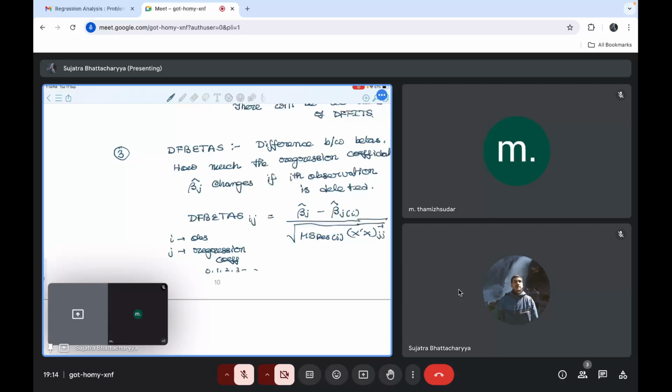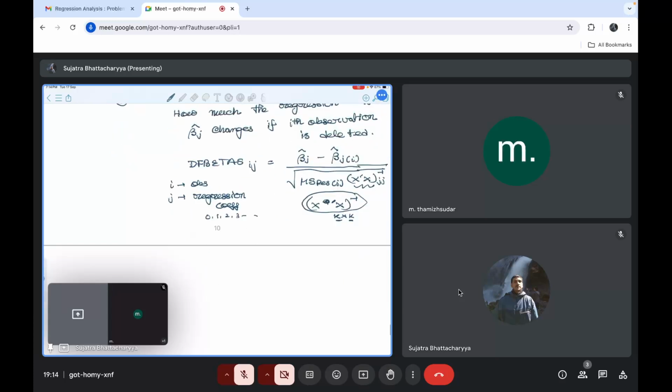Because this X prime X inverse, if you remember, I have already told you, is a k by k matrix. It depends on the regression coefficients. So the jj diagonal elements of that have to be used. Okay, so this is how it is defined.